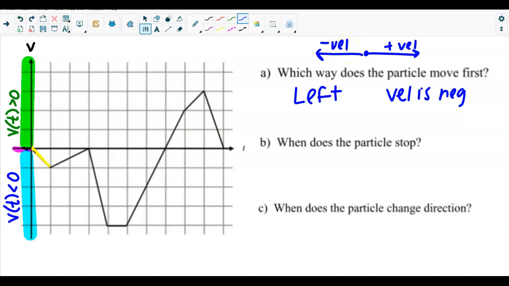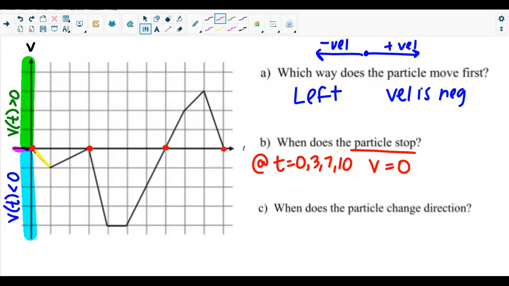All right, so when does the particle stop? Well, the particle stops when our change in position over change in time is 0. So when velocity equals 0. Velocity equals 0 at these 4 spots: at a time of 0, 3, 7, and 10.